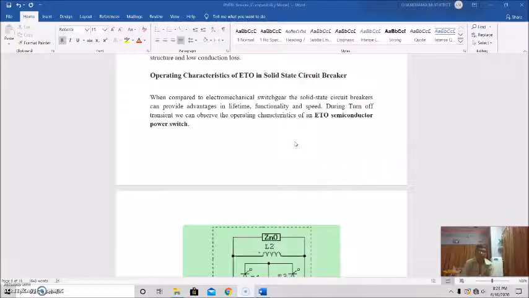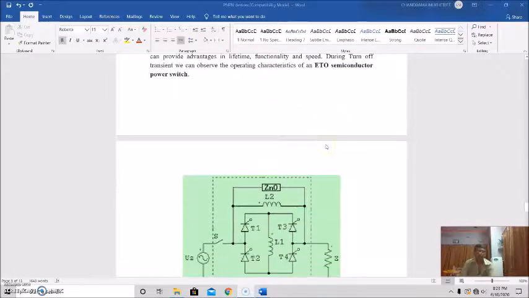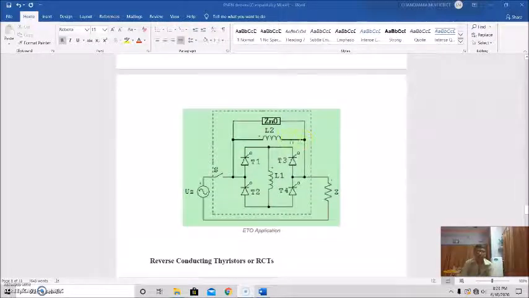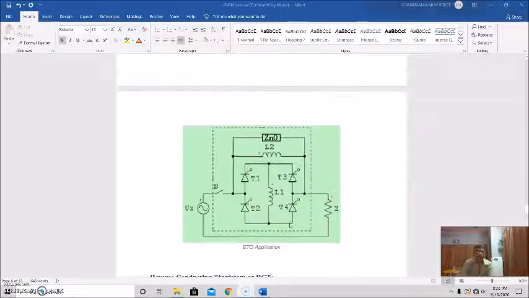During turn-off transient, we can see the operating characteristics of an ETO semiconductor power switch. Here it is. It will be used here.